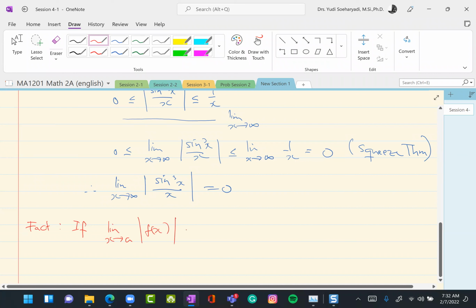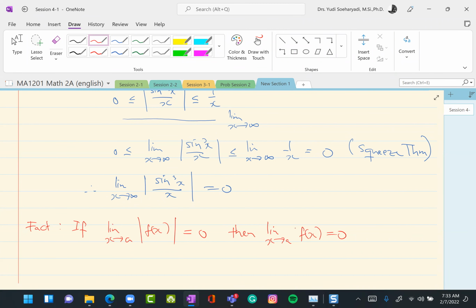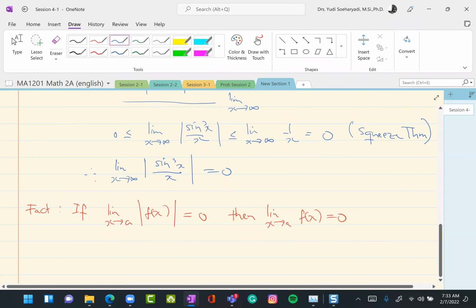If the absolute value limit is 0, then it is also true without the absolute value.